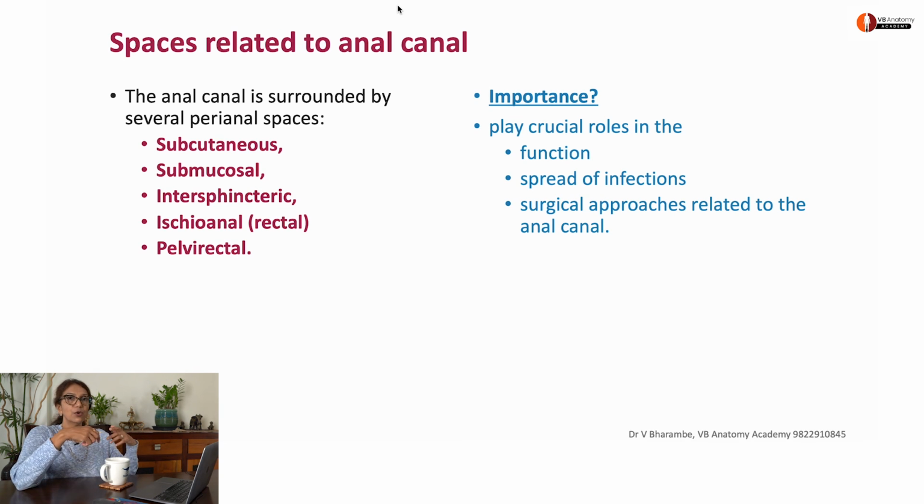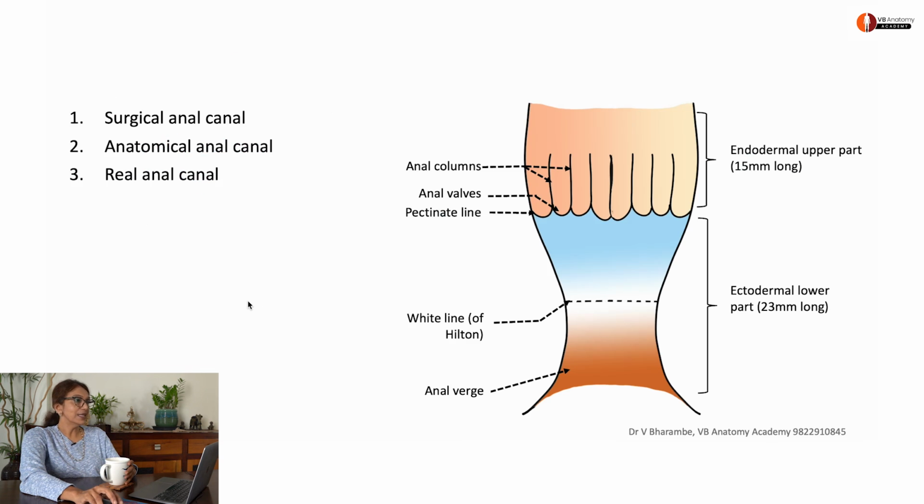The anal canal is surrounded by a lot of spaces which promote abscess formation. These spaces are subcutaneous, submucosal, intersphincteric, ischioanal. These are perianal spaces. Finally, there is a lot of variable interpretation of the anal canal by different people.